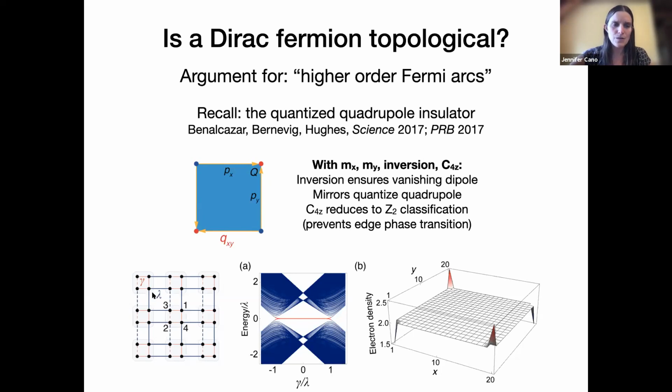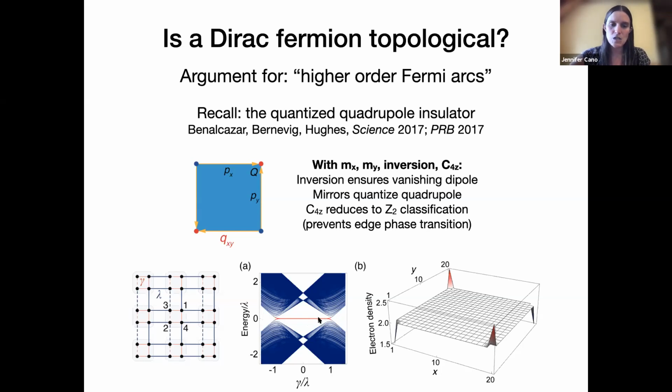There are four sites in the unit cell, and two different types of hopping terms. This gives us a one-parameter Hamiltonian, so we can plot the energy spectrum of our 2D system as a function of the ratio of these parameters. We see that there are two types of insulating phases. Here we'll just get some kind of band gap. This will be a normal insulator. But once we cross some critical point, then we start seeing these mid-gap states.